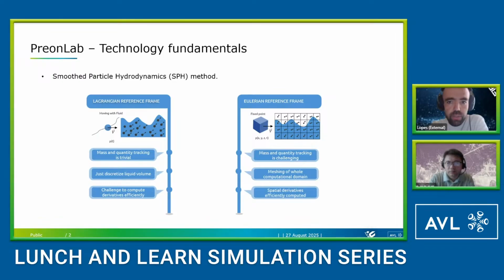And in SPH, we have something that we call the kernel functions, which govern basically the interaction between the particles and their neighbors. And as I said, because we have no mesh and we have this slightly different mathematical scheme behind PreonLab, this tool is really, really efficient for free surface flows whenever we have these large fluid deformations and these interfaces between different phases changing a lot.